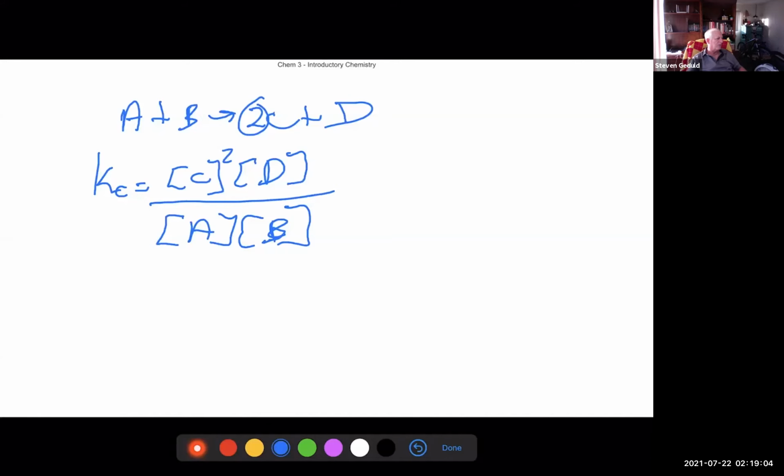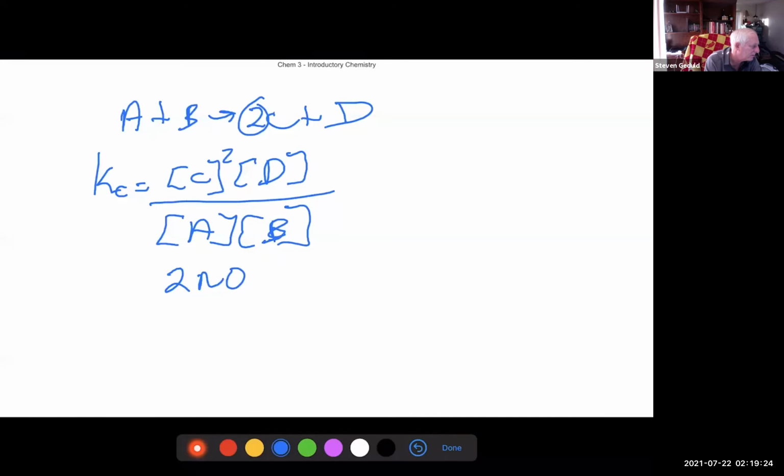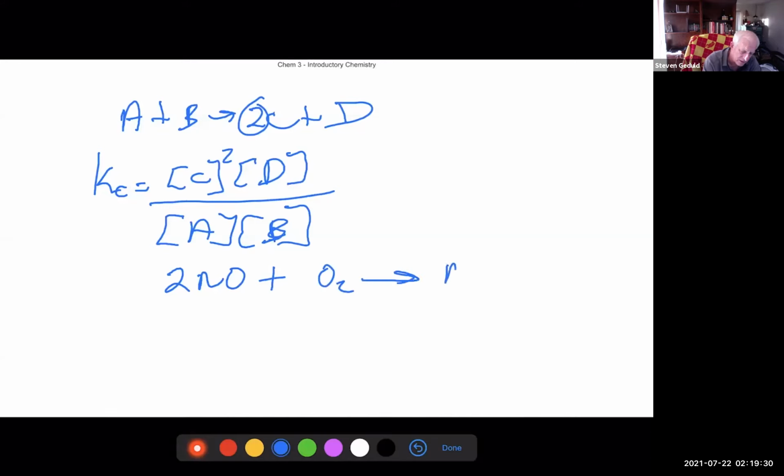Next one says write the equilibrium expression for the reaction shown. So the next one is 2NO, nitrogen monoxide, plus oxygen goes to nitrogen dioxide.